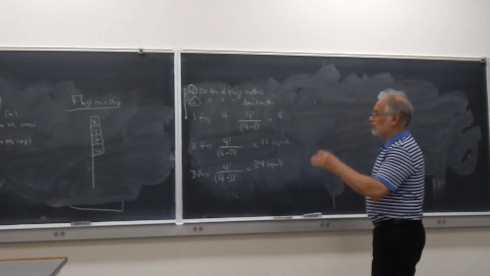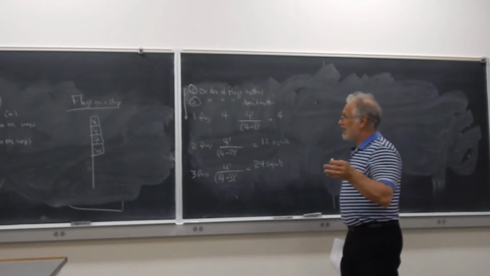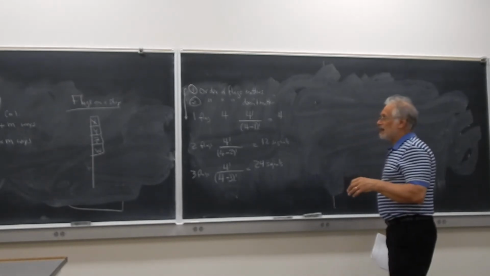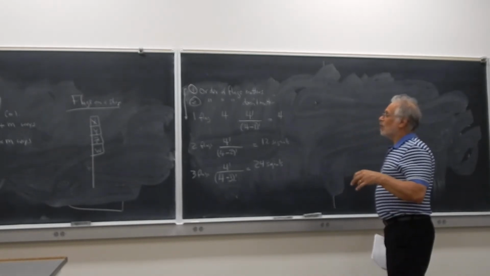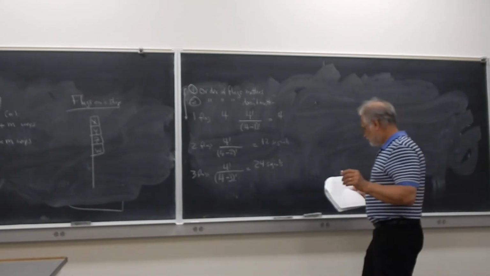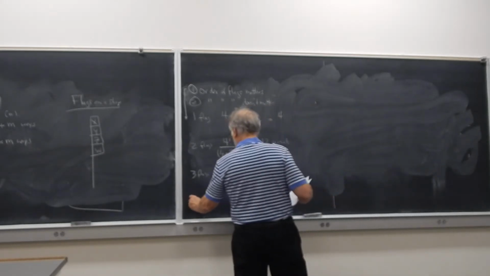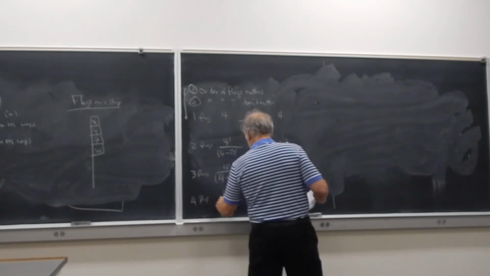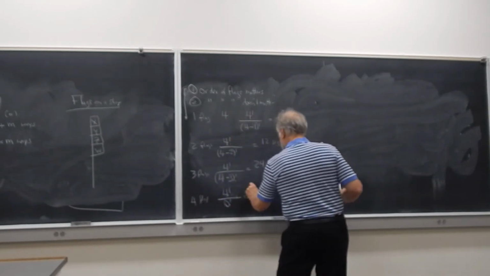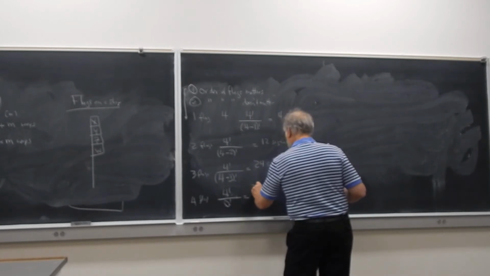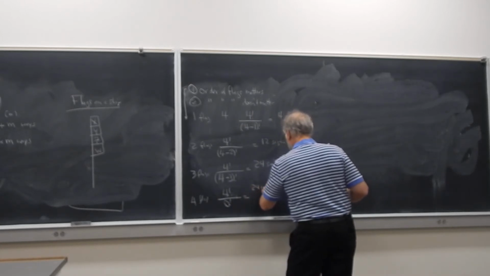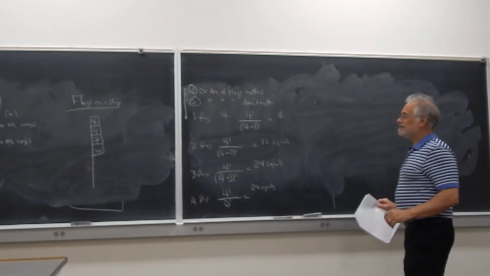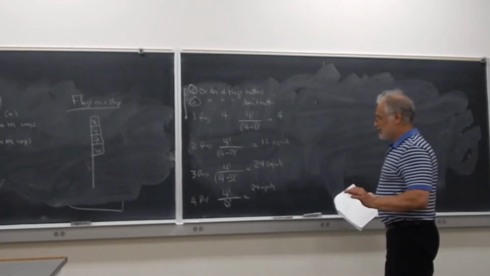So suppose I have 3 flags, X, Y, Z. X, Y, Z is different than Y, Z, X or Y, X, Z. If I have all 4 flags, that's 4 factorial over 0 factorial, which is just 4 factorial, or 24 signals. So that's how many messages I can send if the order of the flags actually matters.